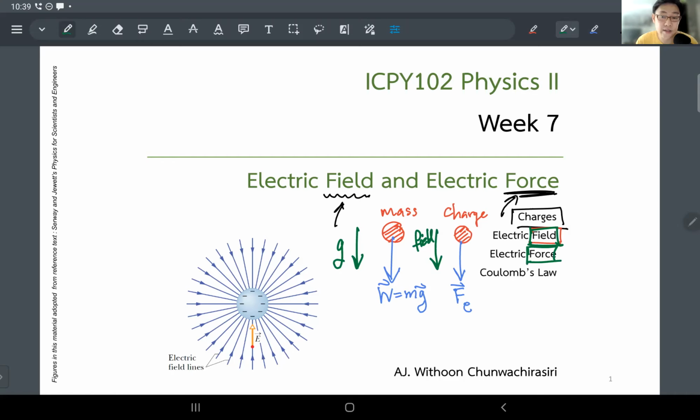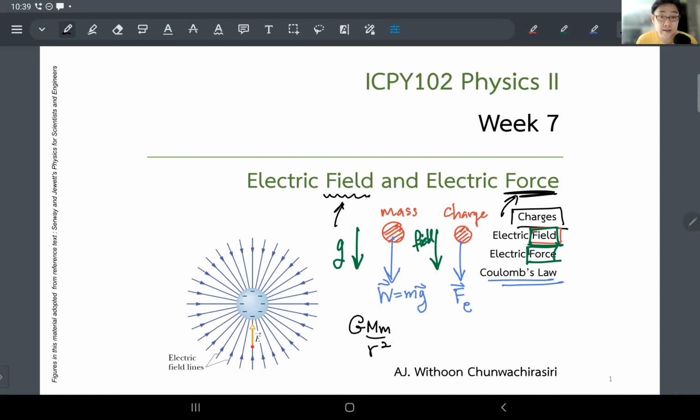That's nice. Okay. And to be able to do the numerical calculations and everything, you need a law. So eventually that will lead you to the law that governs this whole thing, called Coulomb's law. And this law will be equivalent to the universal gravitational law. So you probably have seen this G M1 M2 over R squared.